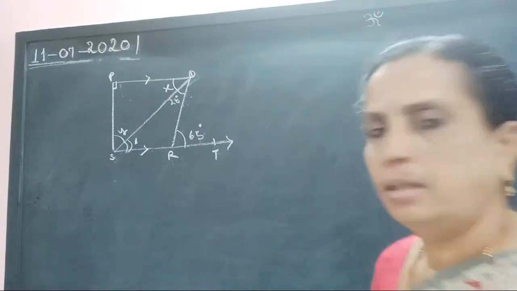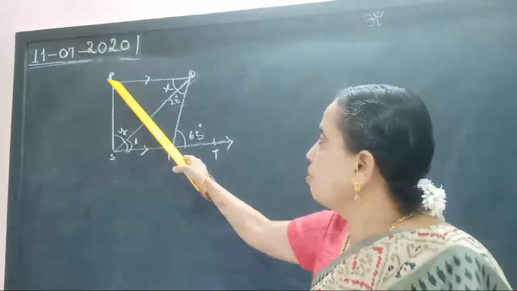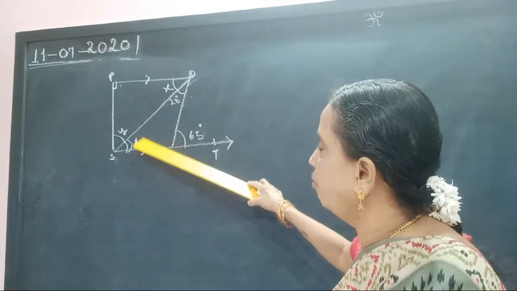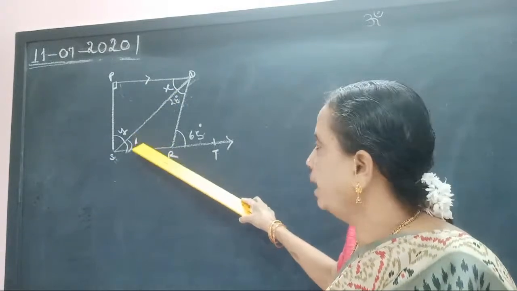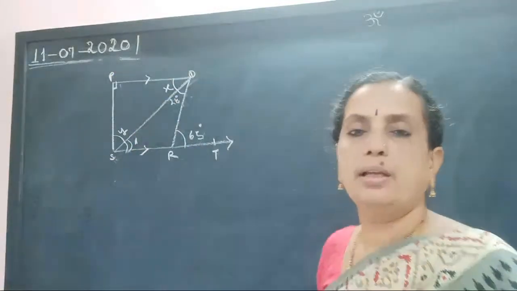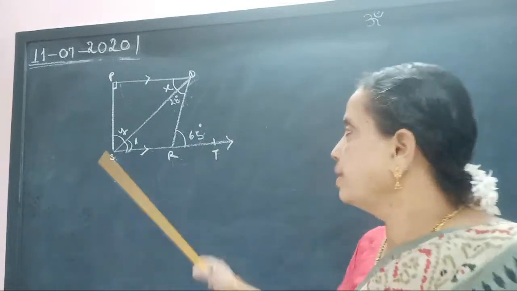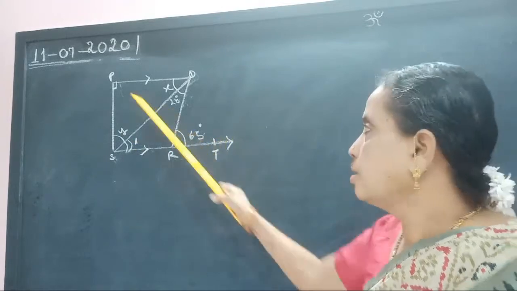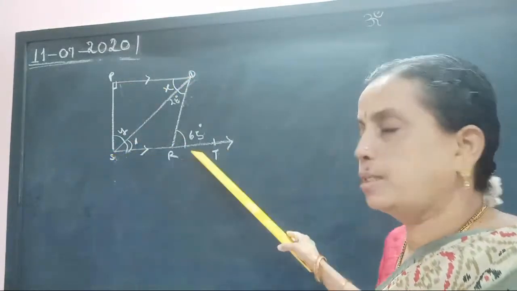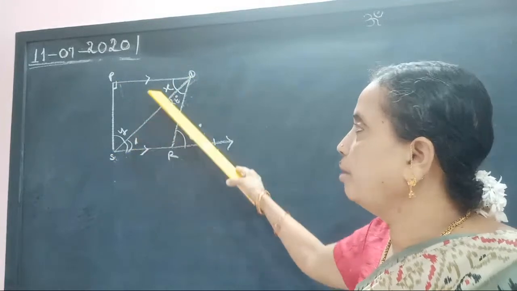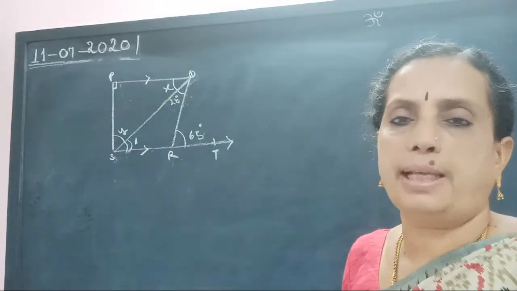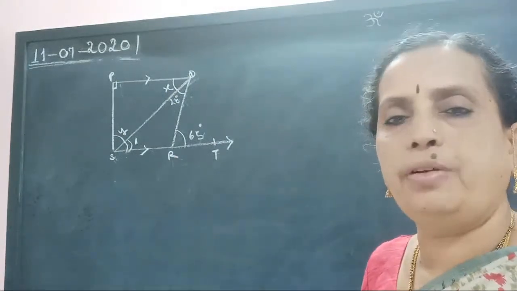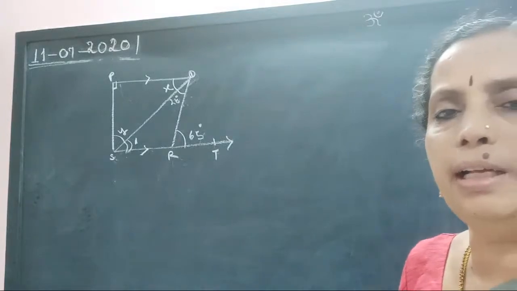Very good. This is 37 degree. Since PQ is parallel to SR, what relation do we have between angle 1 and X? Angle 1 equals angle X. Why? This is 37 degree because of the exterior angle property. Since PQ is parallel to SR, angle 1 equals X. Why does angle 1 equal X? They are alternate interior angles. Very good, Aditya. Alternate interior angles.